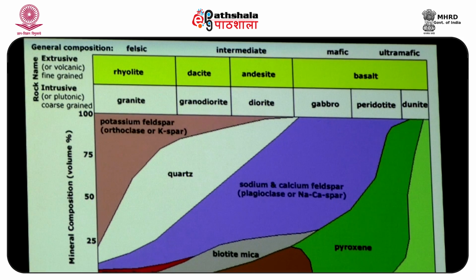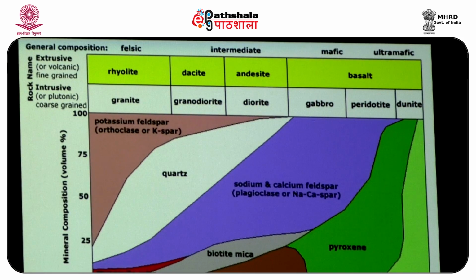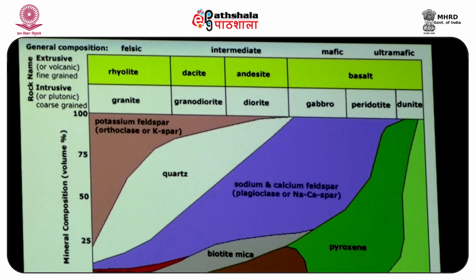Okay, so as we discussed, igneous rocks could be either coarse grained or fine grained. The coarse grained rocks will have bigger crystals, easy to identify, but the fine grained rocks have to be analyzed for their chemistry, or under a thin section with the microscope, we can identify a few of the minerals.